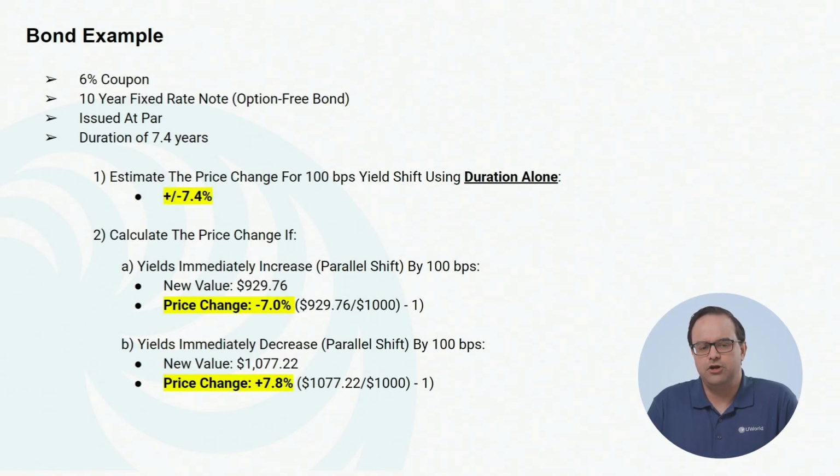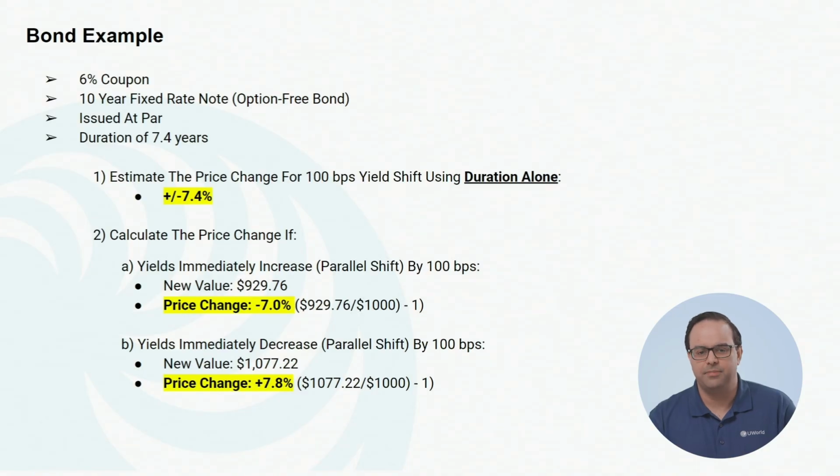Here we're looking at a 10-year option-free fixed-rate bond, 6% coupon, that was issued at par, with a duration of 7.4 years. For calculation simplicity in this first example, we'll assume only annual pay, although in practice, most bonds are going to be semi-annual pay.